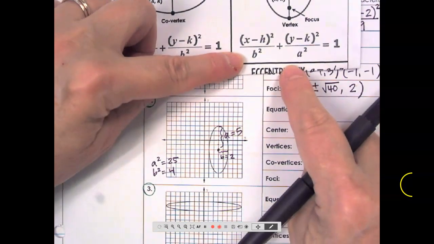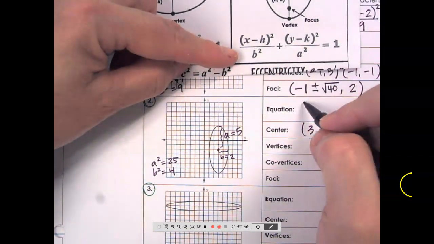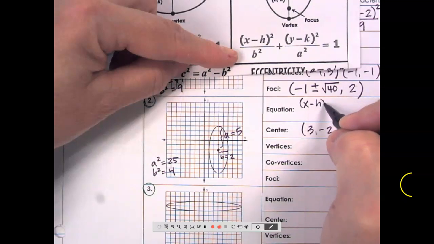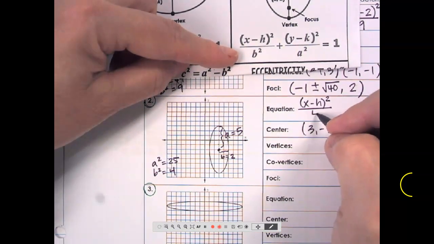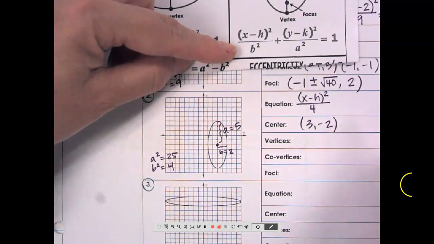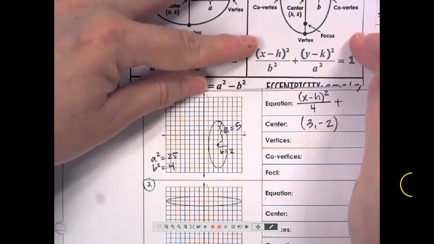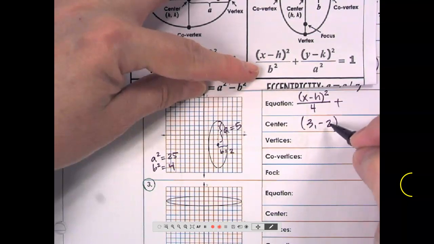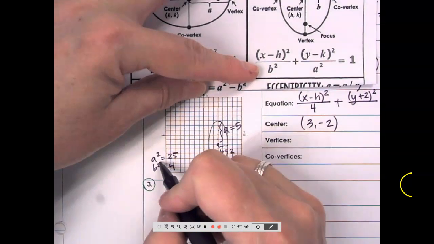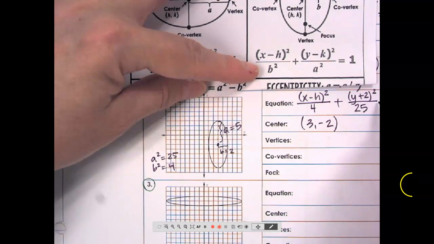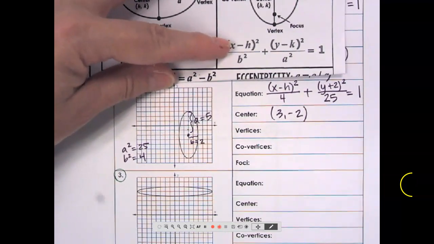And it's vertical, so remember we're using this one. So it's x minus h squared over b squared, which was 4, plus y minus k, but k is negative, so that becomes y plus 2 squared over a squared, which is 25, equals 1.